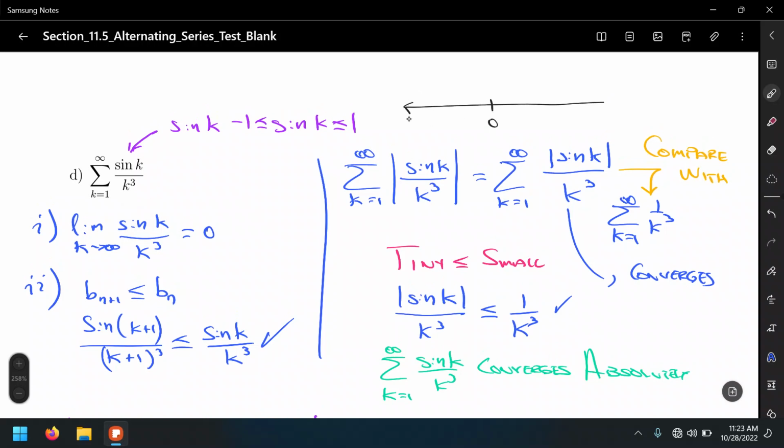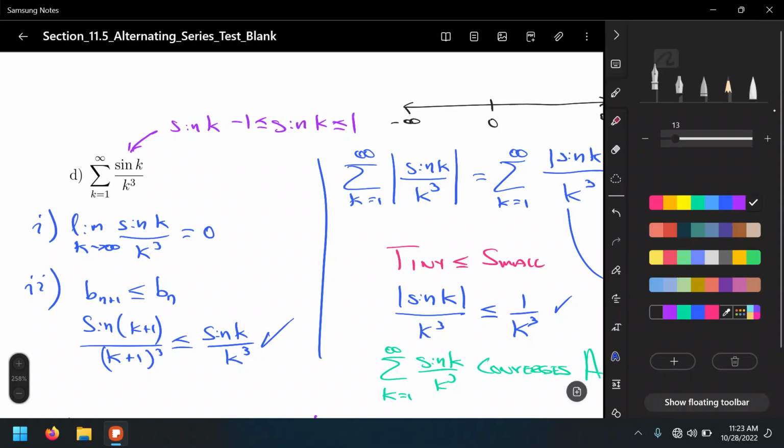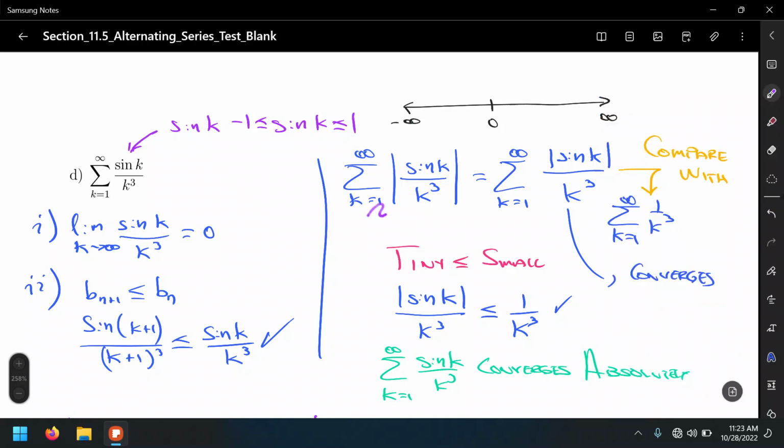This is the real number line, from negative infinity to positive infinity. However, we are only interested in the interval from k equals 1 to infinity. So k cubed, raising any positive value to the third power, is always going to be positive, so no need for absolute value bars. However, what does the sine do, whether for negative or positive values? That still oscillates, right?